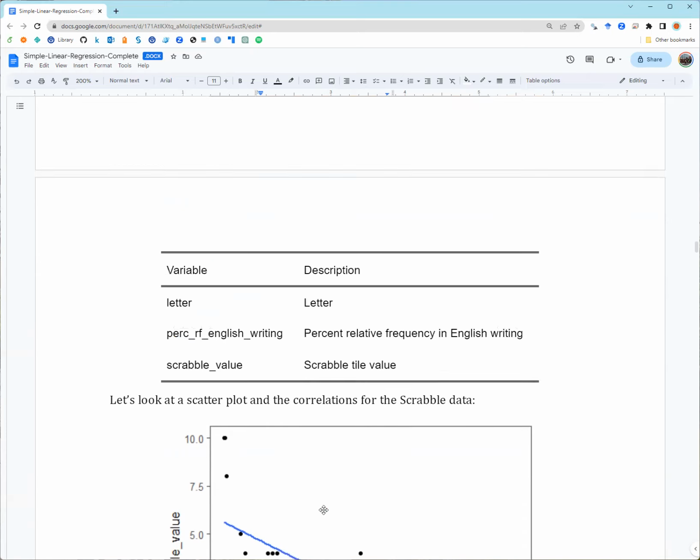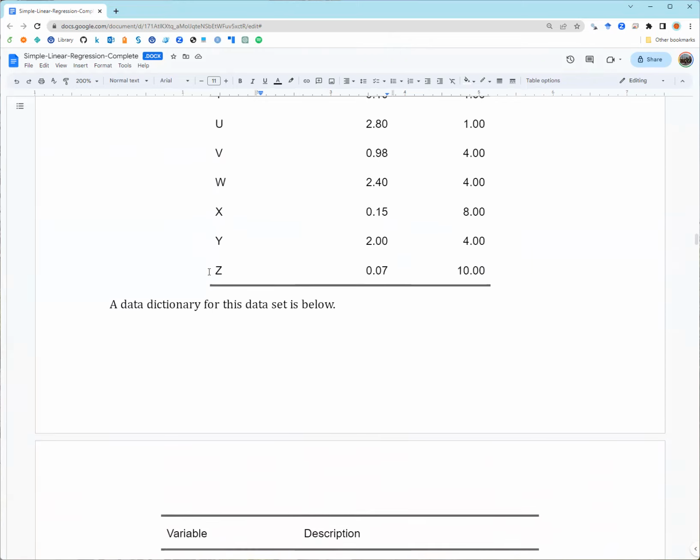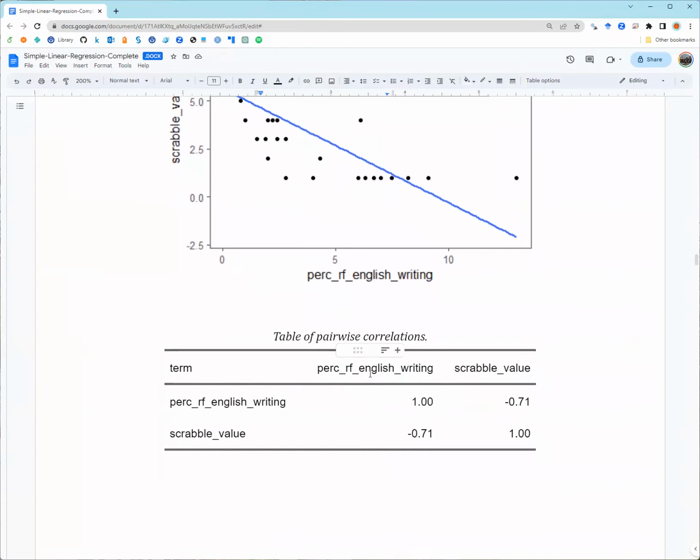So if we look at the letters here, it's probably Z. It's either Q or Z, there are two data points there. Z occurs really infrequently. So here we have this plot of the data.